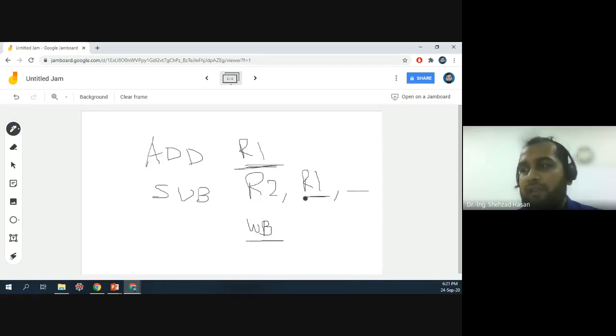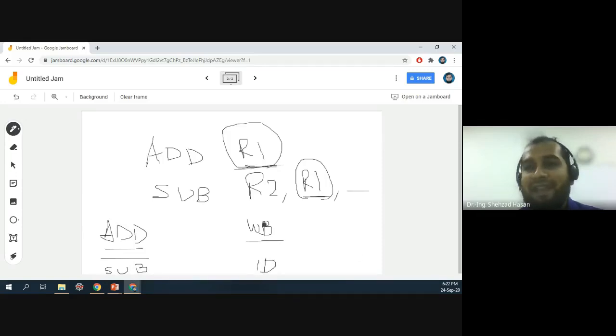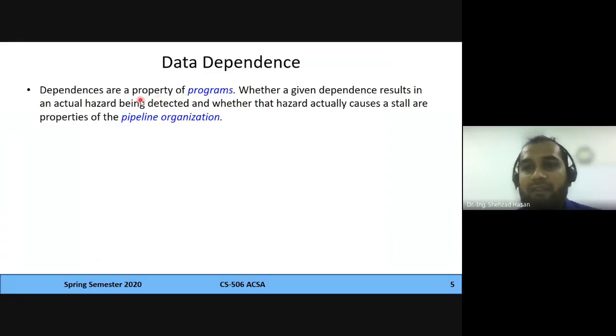This reading should always happen after the value has been written. So to schedule these two instructions, there should be a gap of at least two instructions between them, so that when subtract runs, its decode stage is in line with the write-back stage of the add. You see here we have two stalls due to data hazards, but as I mentioned, dependencies are always going to be there.